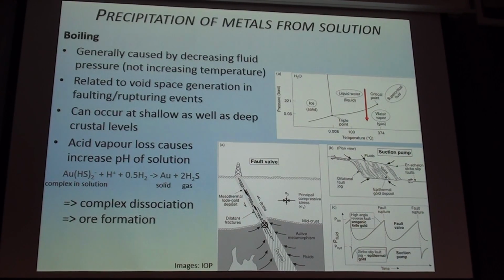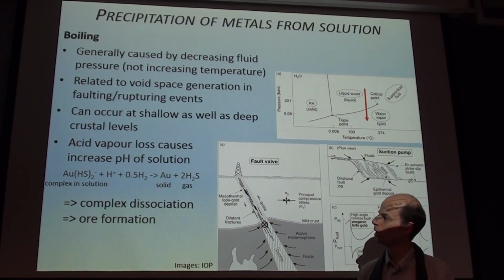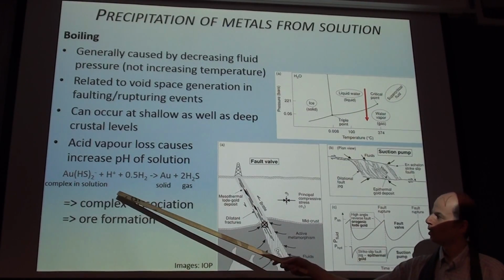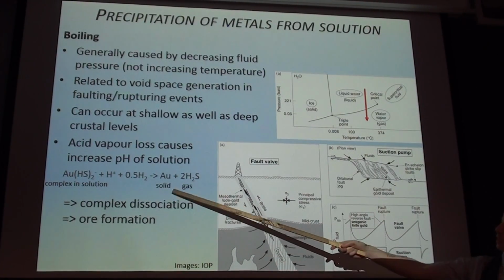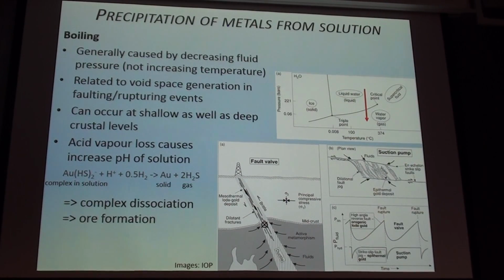It's a low pressure that causes boiling and separation of metals and gas. Like the example here with gold, the bisulfide complex in solution boils and leaves the gold precipitating and the gas released.